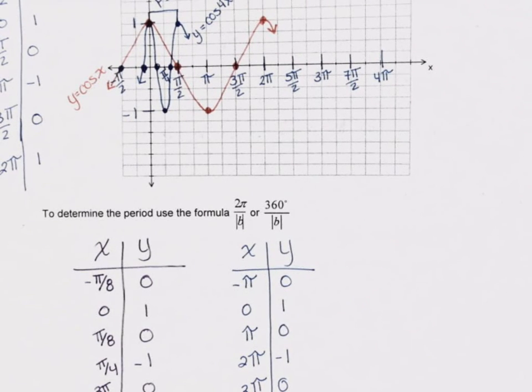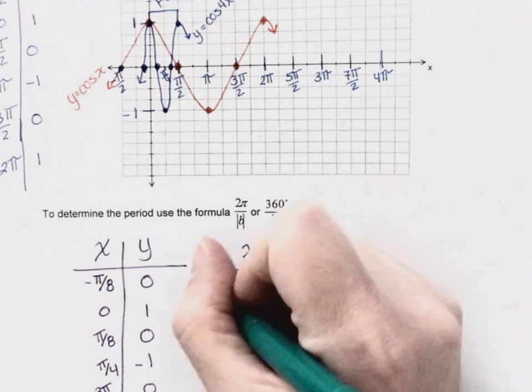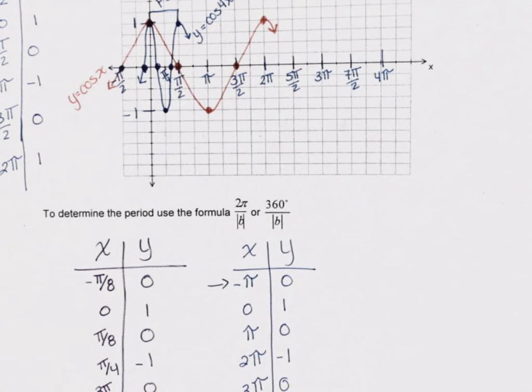This one we anticipate to be very wide. This one's not going to end up on the graph because I don't have negative pi.